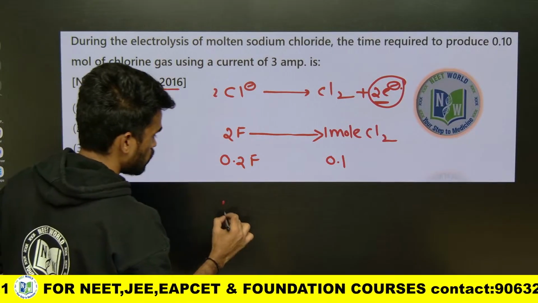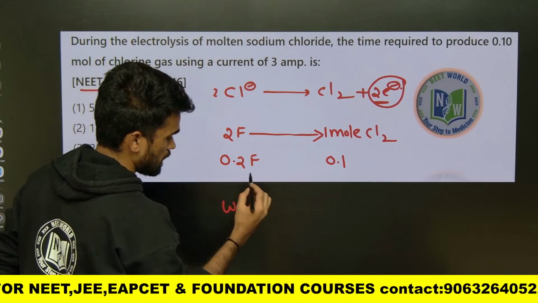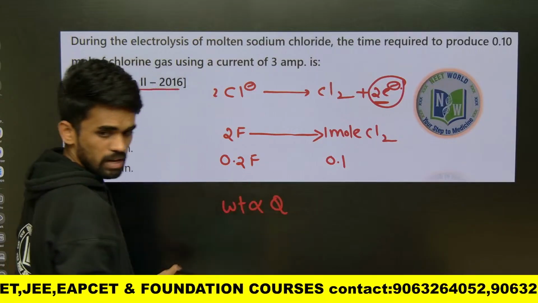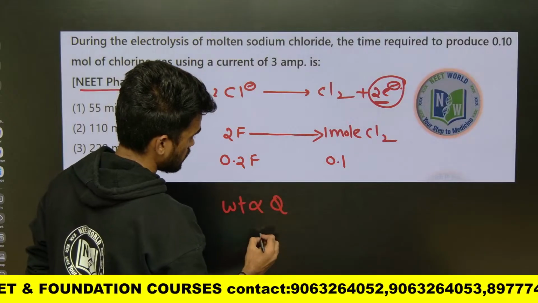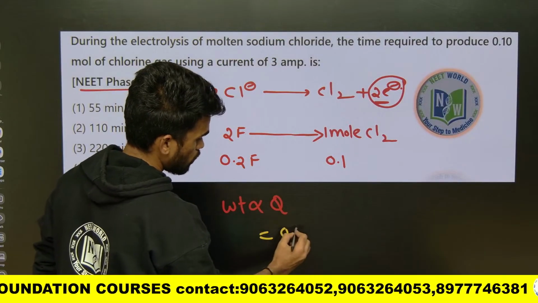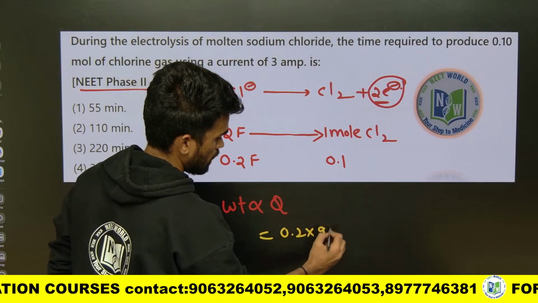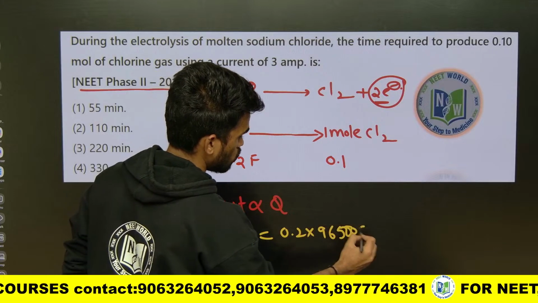So what we know, weight of a substance is directly proportional to quantity of electricity passed through it. Okay. So what is the quantity we have passed here? 0.2 into 96,500 coulombs. Okay.